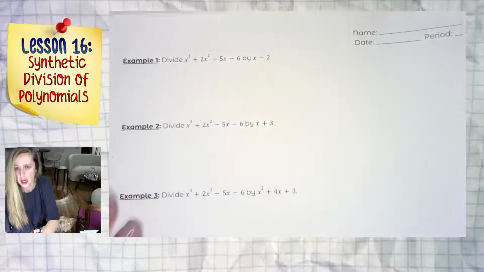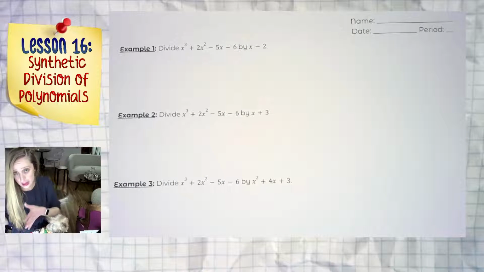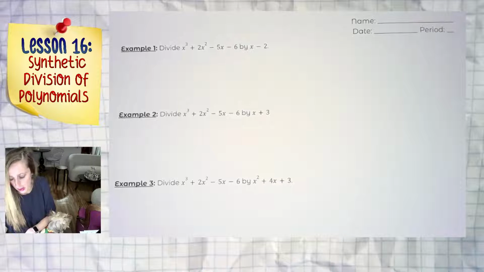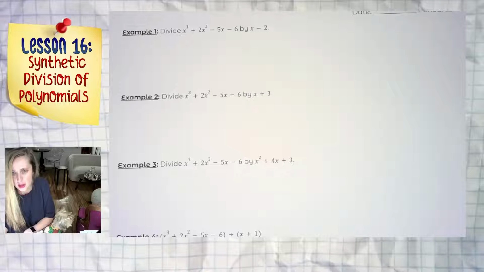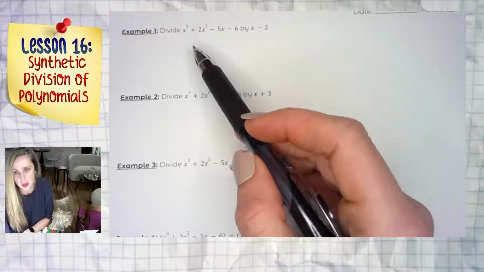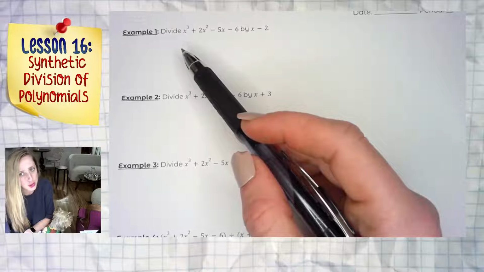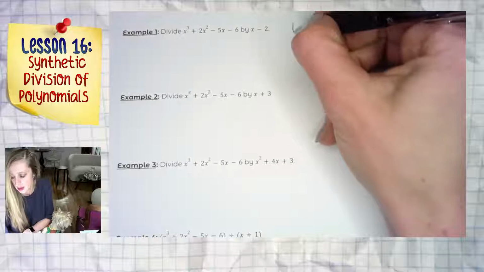So, as was described in the cover page there, I am going to be revisiting examples we did in the long division packet. The reason I'm doing this is so that we can sort of compare and contrast, see what they have in common, what makes them different, what makes them similar, and so on. So here is my first example. We're going to divide x to the third plus 2x squared minus 5x minus 6 by x minus 1. It is linear.